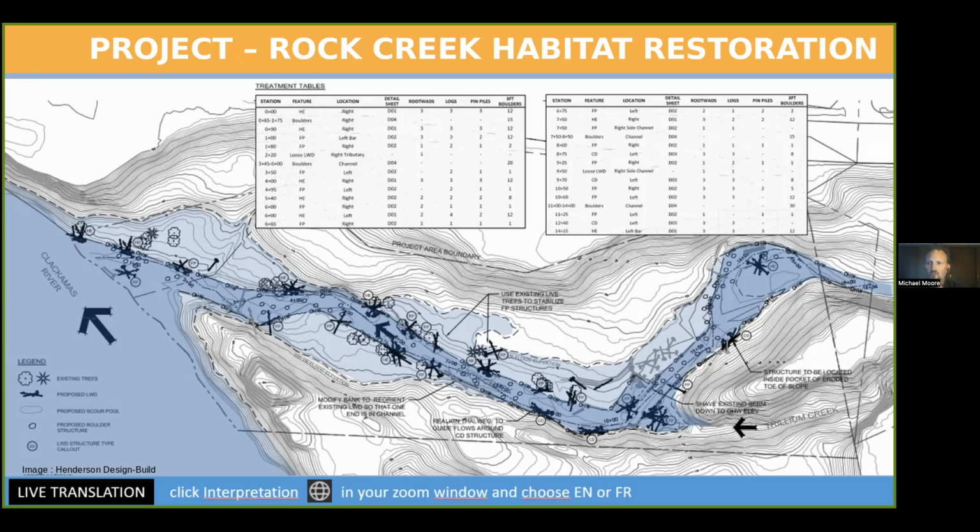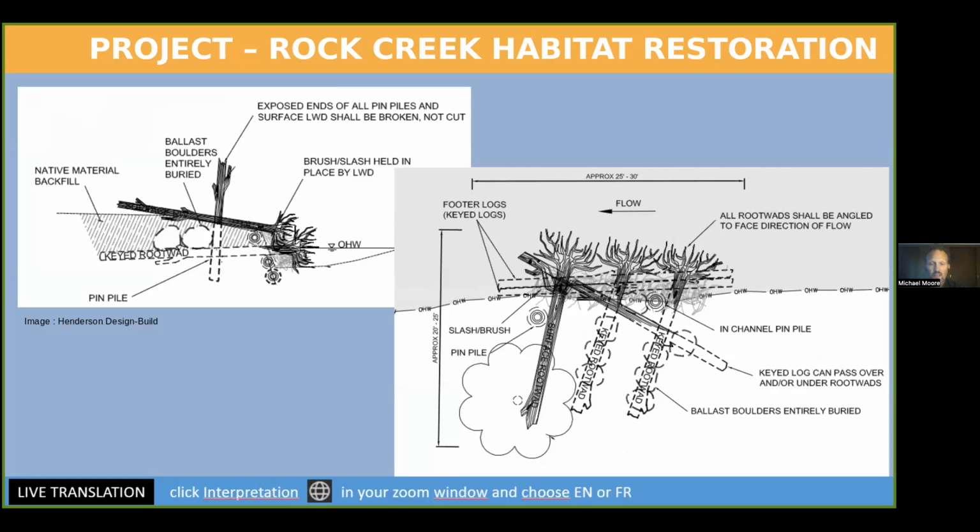So a couple of structure examples that went into this project. This one is a lateral bar jam that is intended to create a pool and at the same time, in specific locations, to stabilize the embankment in this location. The location and intention of this structure is associated with the fact that the embankment can be excavated.